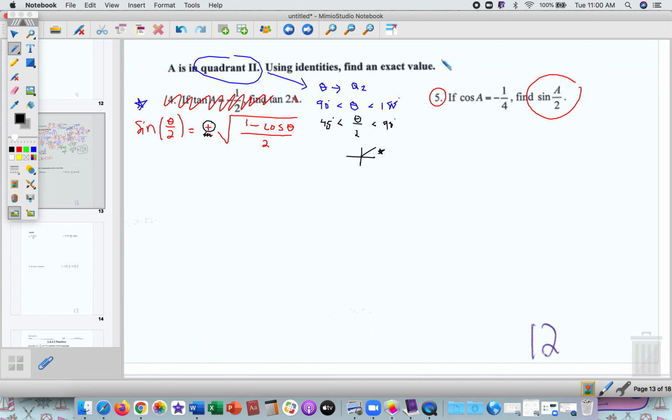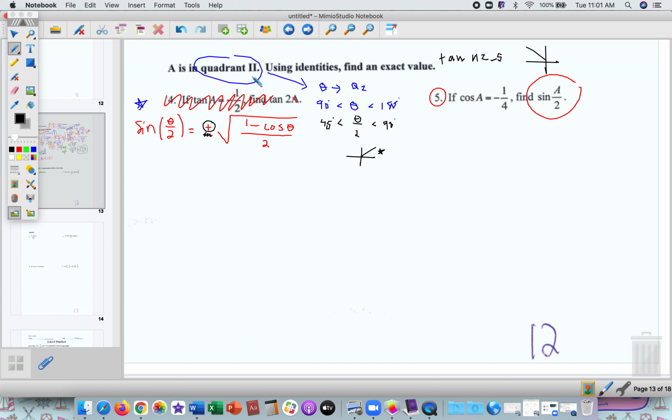Now it's much easier if we're doing a theta over 2 problem like tan of 112.5, where the original angle is turned into some value over 2. Then you just look at the original problem. Where is 112 degrees? It's in the second quadrant, so the tangent needs to be negative, or the sine is positive, and so on. But when it just says theta over 2, you need to look at the original triangle.